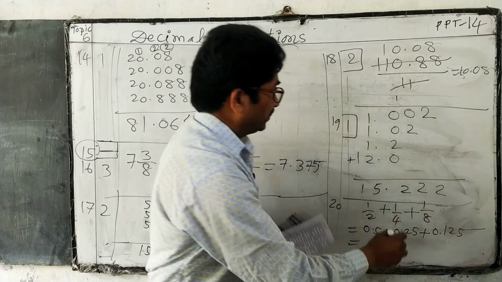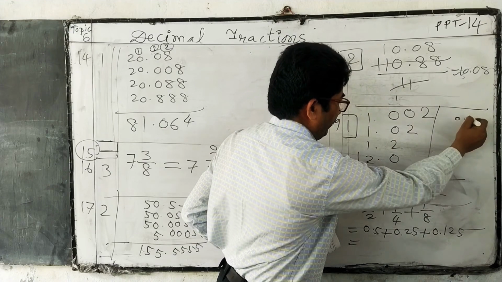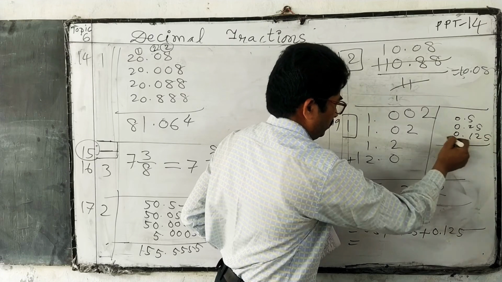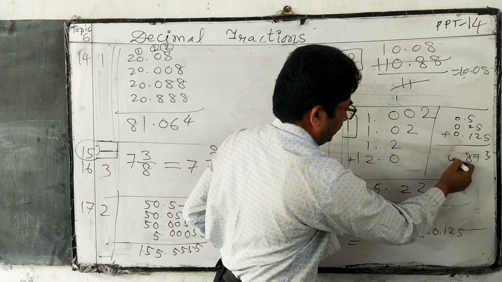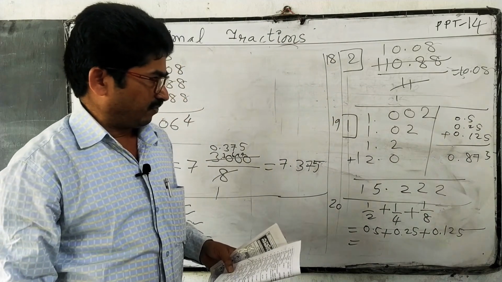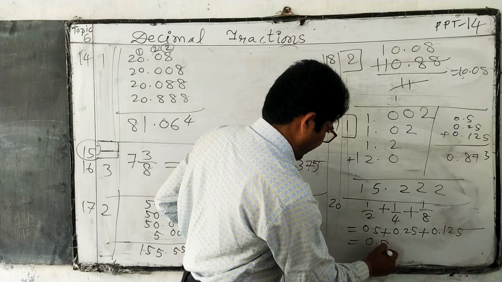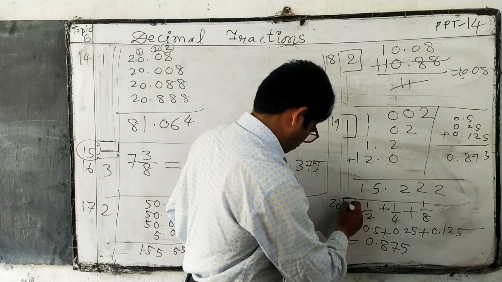If we add these, we get 0.875. Option 3.